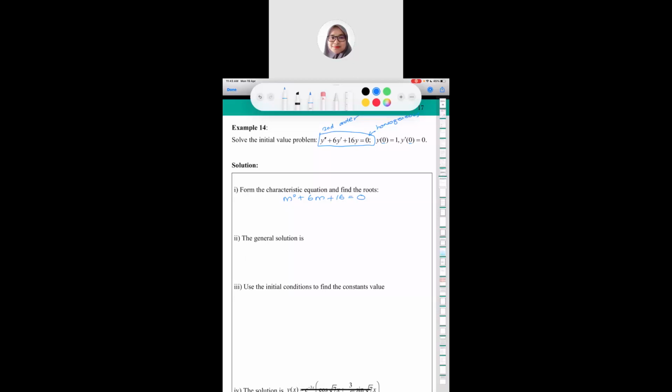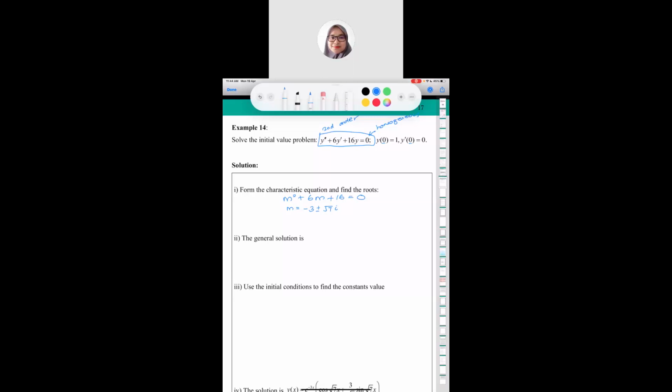First root -3 plus square root 7 i. Complex number dia akan plus minus. So we have the roots now. Kita tahu kita punya roots are complex number.